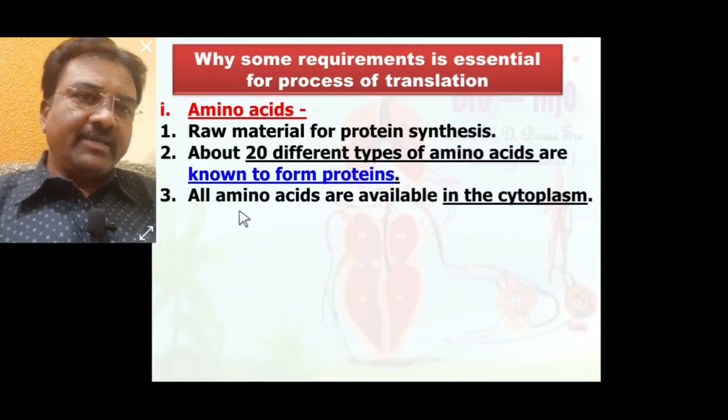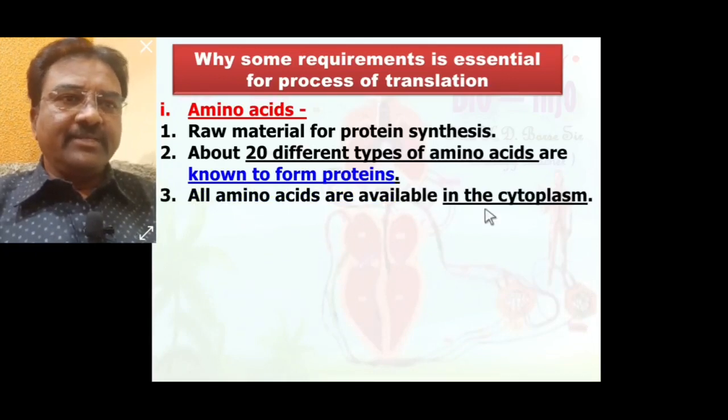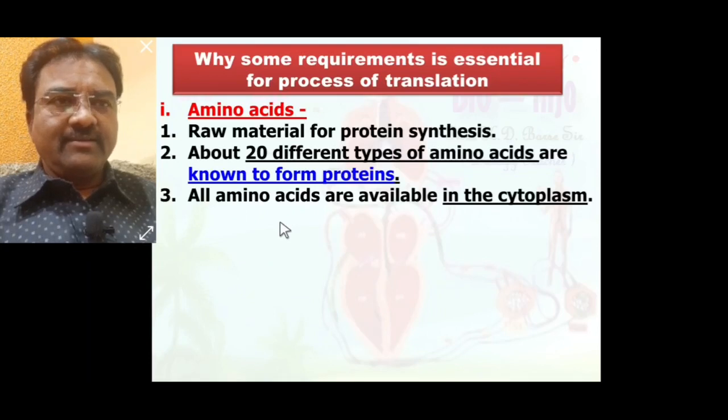All amino acids are available in the cytoplasm. Each and every cell's cytoplasm contains all 20 types of amino acids. So amino acids are the most important essential material for translation.